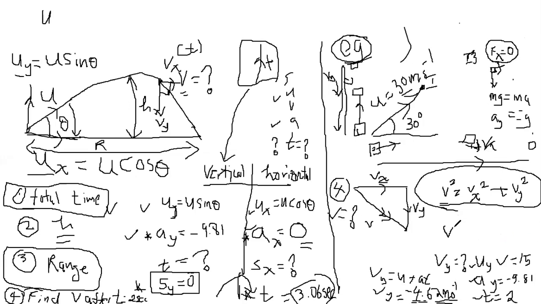Okay, you better calculate one. So what's the V you get? How many meters per second? So it's the square root of 30 cos 30 squared plus negative 4.62 squared, right? You get your V. Anyone?